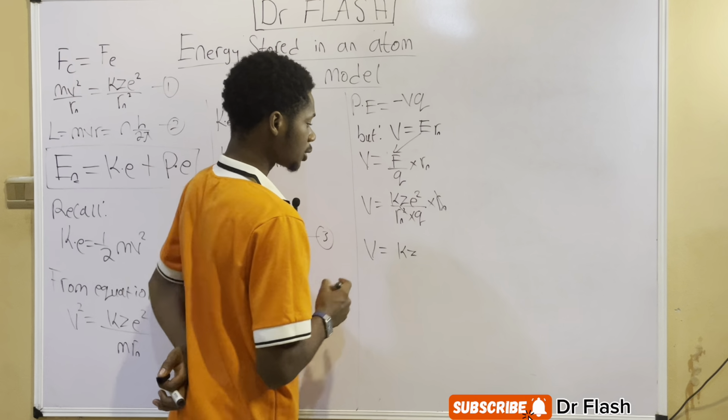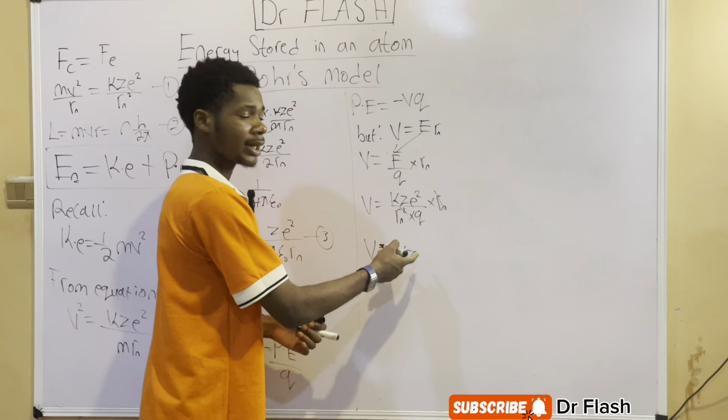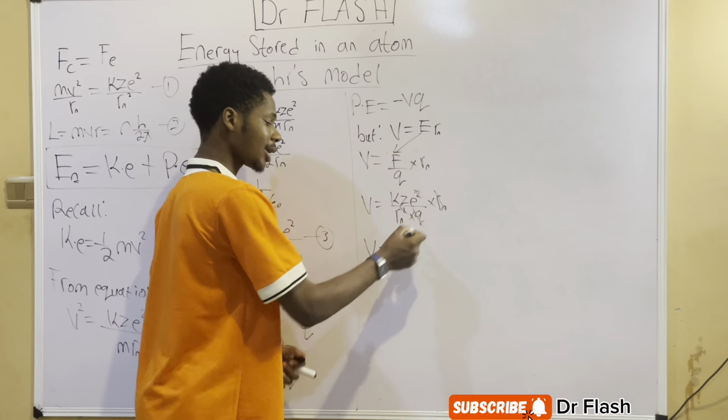Now you notice that E and Q are similar. The only difference is that E is peculiar to an electron and Q is peculiar to any charge. So if Q is an electron, Q can cancel out one E. Then we'll be left with KZe divided by Rn.